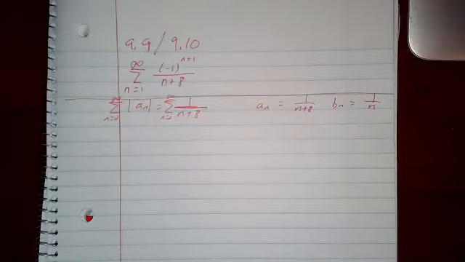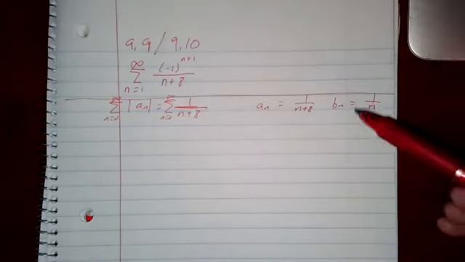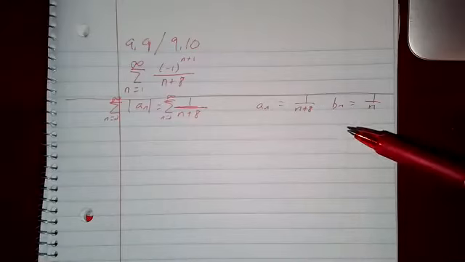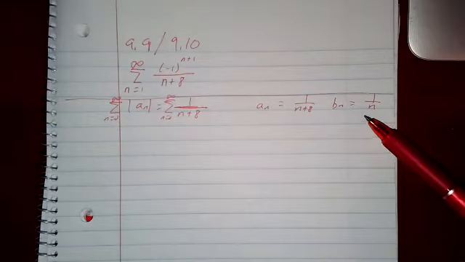Does it tell us that it converges as well? Remember we said that when we're doing the direct comparison, if the smaller one diverges, then the bigger one also diverges. But this one's bigger, isn't it? 1 over n is bigger than 1 over n plus 8. So direct comparison would not tell us anything here.